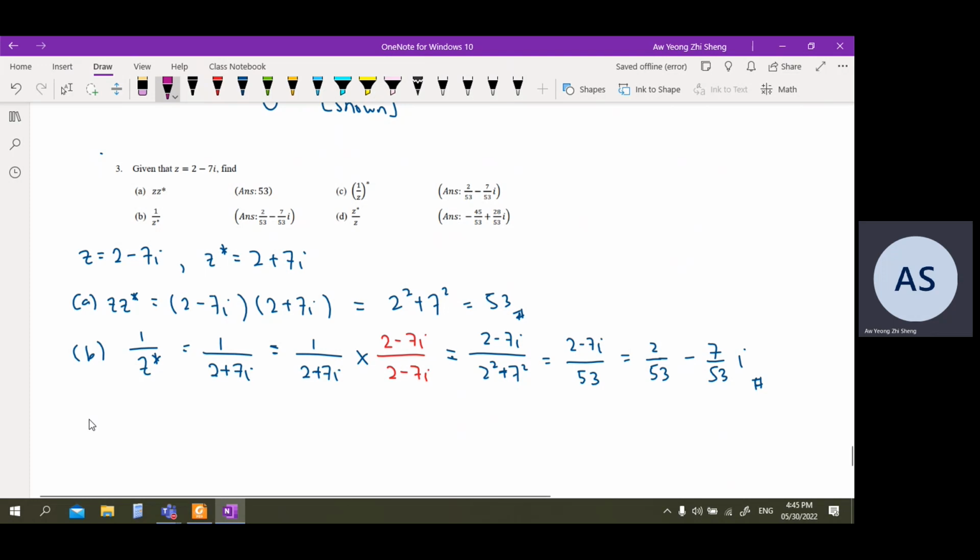For part C, 1 over z, the whole thing star. Recall that on page 4 earlier, we know that the star can be distributed over division. So I can distribute my star to the one above, 1 star divided by z star. But 1 is actually a real number.